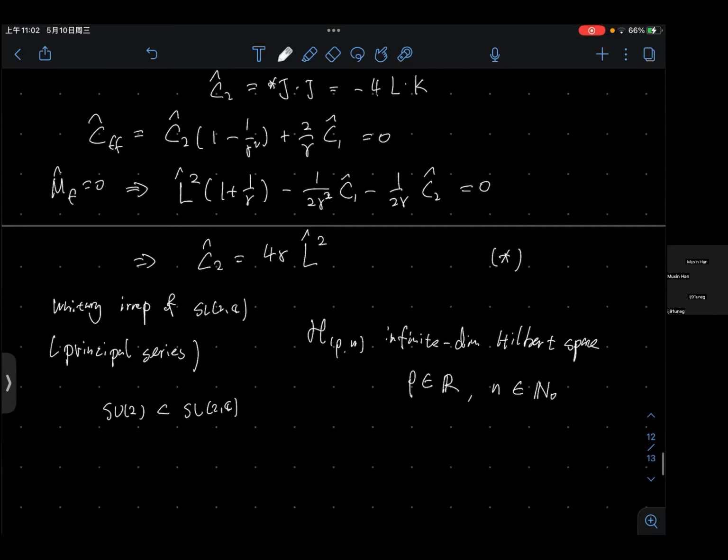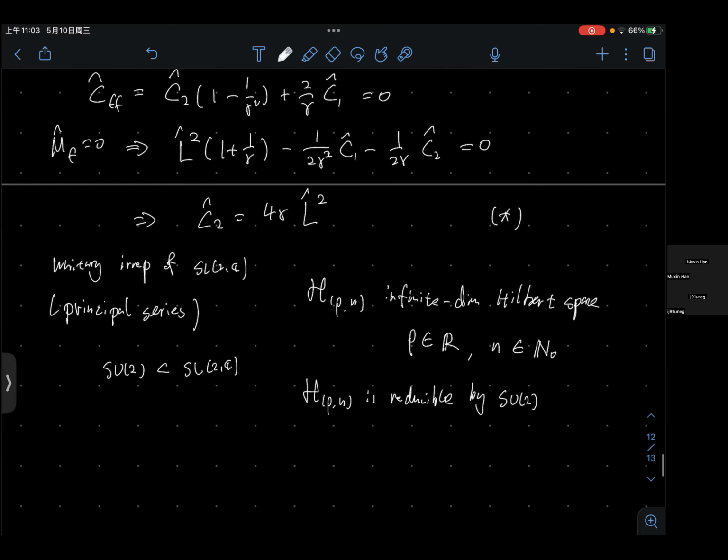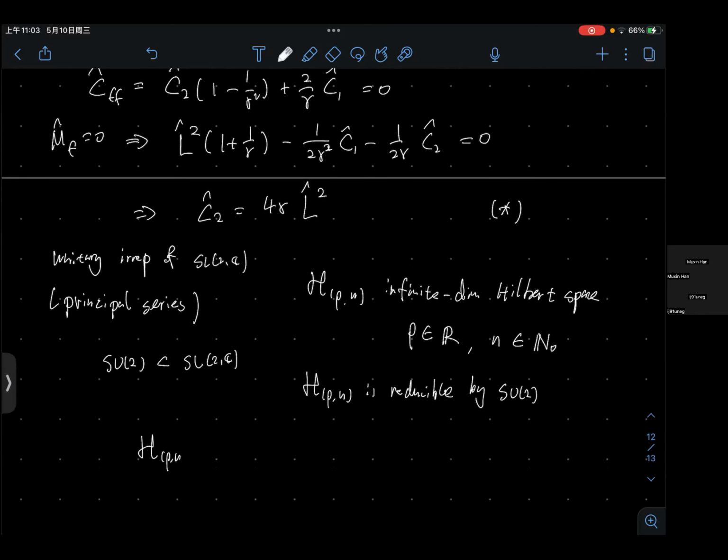So H_rho,N is reducible under the subgroup SU2, which means it can be written as a direct sum of SU2 irreducible representations V_j.